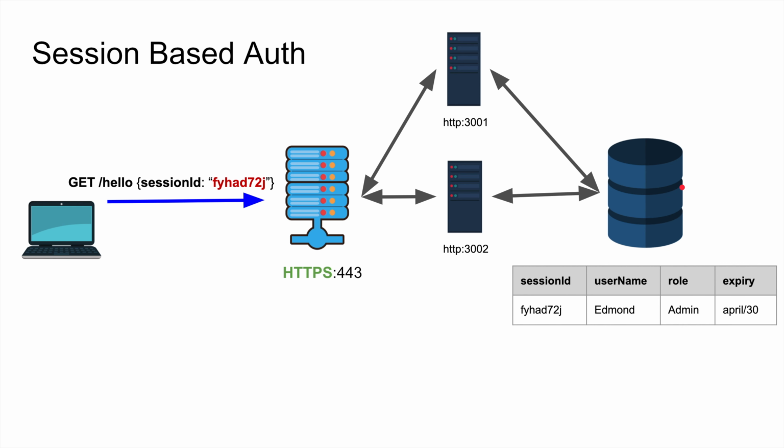Well, there is an extra hit to the database with every request you make. And then I send you back, hey, hi Edmond, you're good. I know I authenticated you, right? That is pretty cool. So what happens if I send another request? We go to another server, and that's absolutely fine, okay? And that also works. We send you hi.